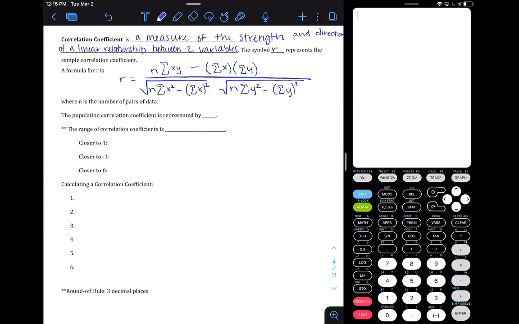The population correlation coefficient is represented by what's called rho, which looks like a curvy P. The range of our correlation coefficients is from -1 to +1. The closer it is to 1 represents a strong positive linear correlation.